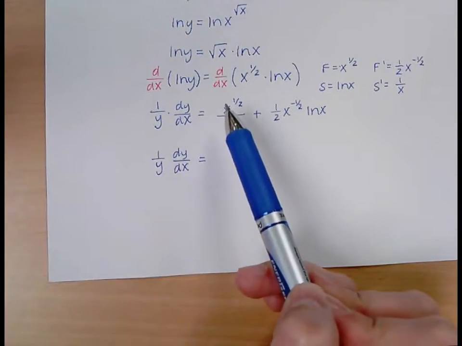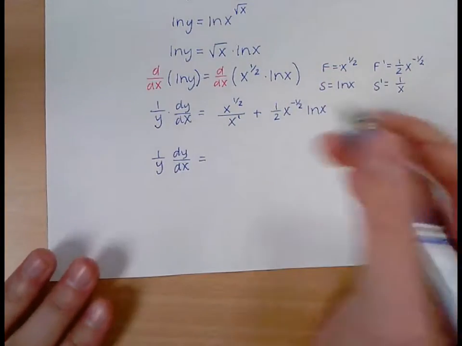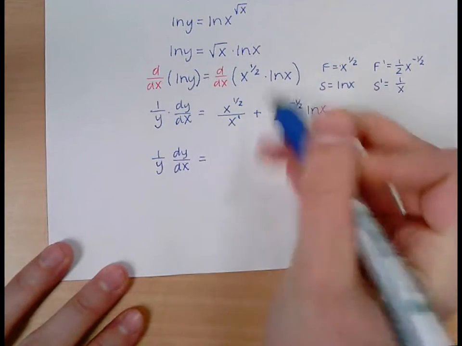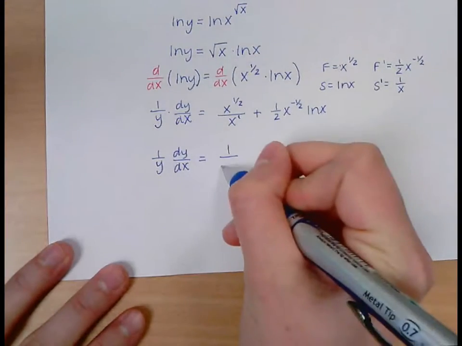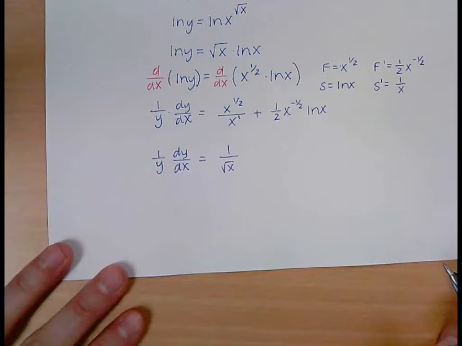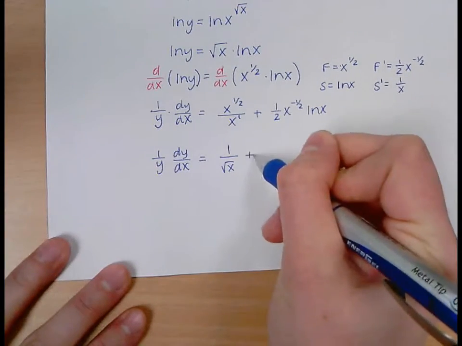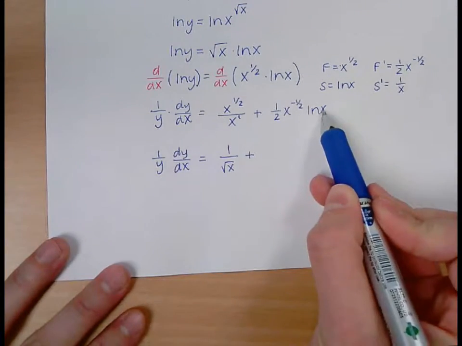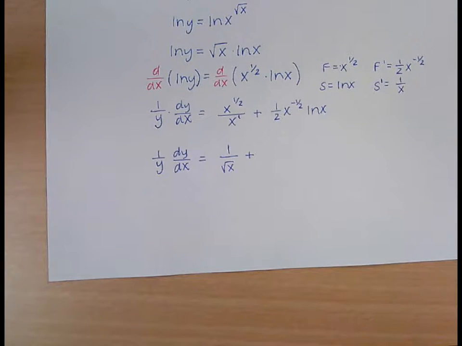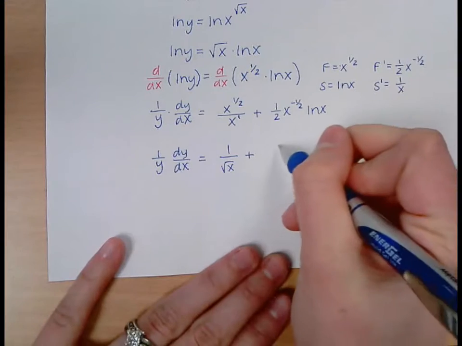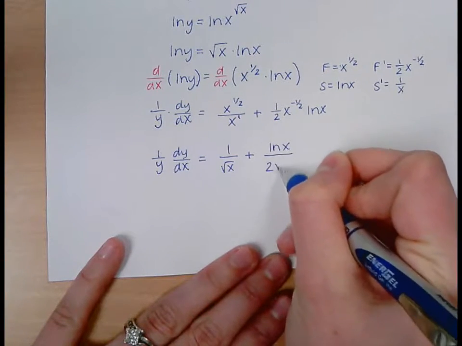So for example, if I have x to the 1/2 over x to the first, this would just be 1 over x to the 1/2, or 1 over the square root of x. That would be the simplified form. Plus, and then this, if I wanted to simplify it so that I don't have a power of 1/2 and I don't have a negative exponent, it would be natural log of x over 2 square root x.